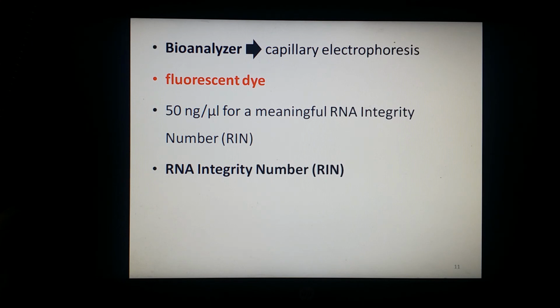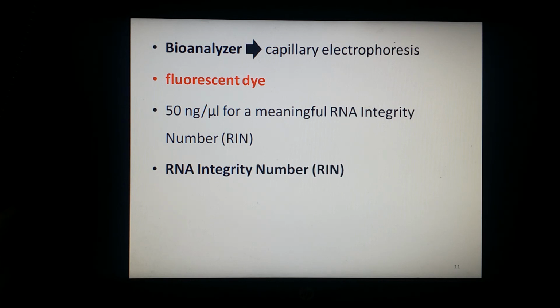RIN is an algorithm for assigning integrity values to RNA measurements, because the integrity of RNA is a major concern for gene expression studies.